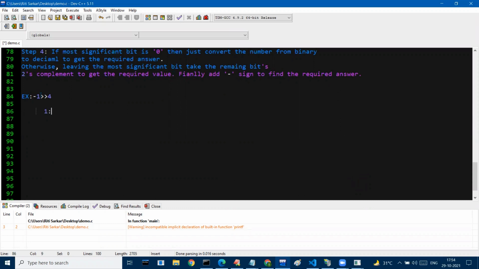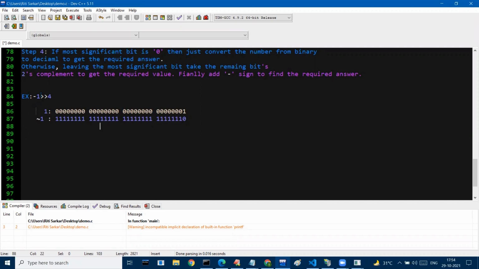How, sir? 1 means 5, 6, 7, 8, 16, 24, 32. This is 1. What about 1's complement? All 0. 2's complement of 1 I need.